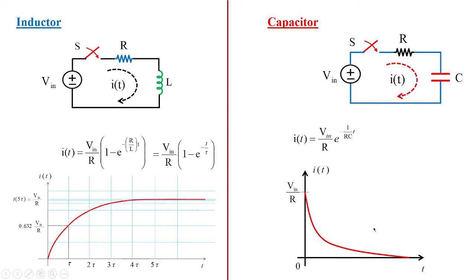So this is how you need to remember the basics of capacitor and inductor under transient analysis. These two formulas are very important for inductor and capacitor respectively. And again, in-depth knowledge of these equations you can easily obtain from our previous videos under transient analysis.